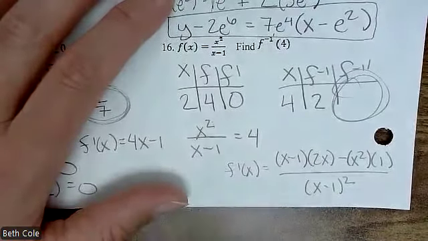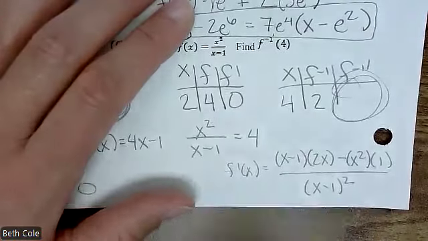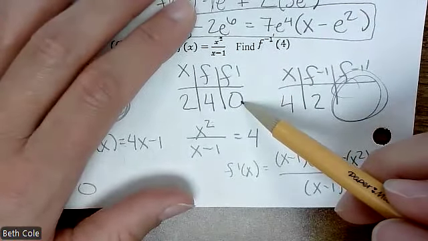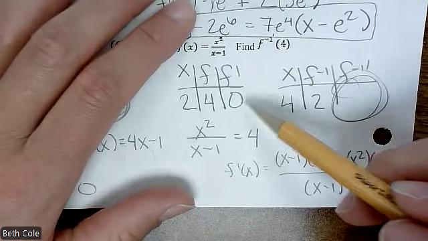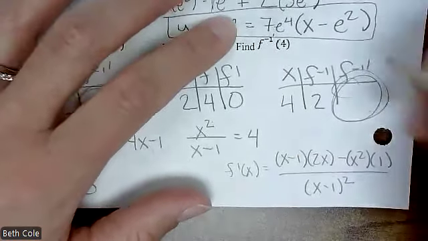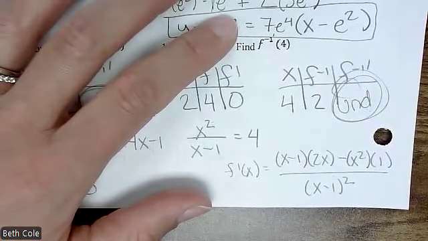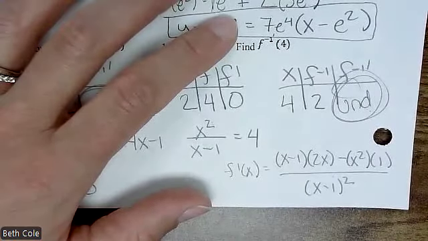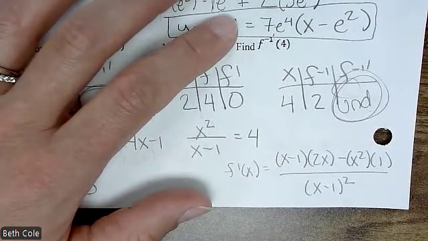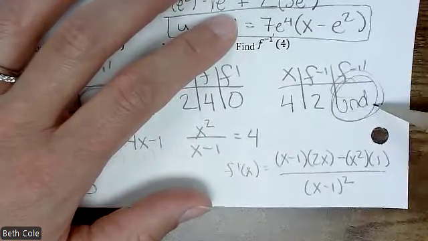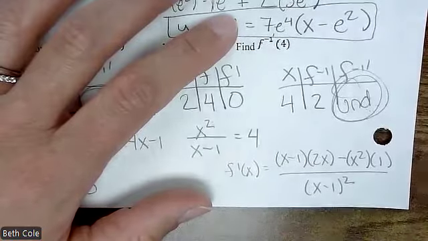I think I did this on purpose so we could have a conversation about it. You can't reciprocate 0. So what is your answer? Undefined. Do you remember in the unit circle, when you would end up with zeros, but you had to flip them, we put undefined? And what does that mean in the graph? Good job.